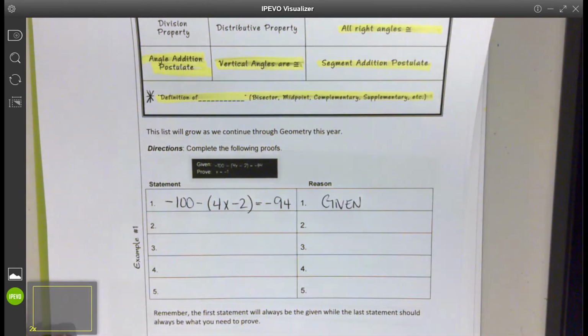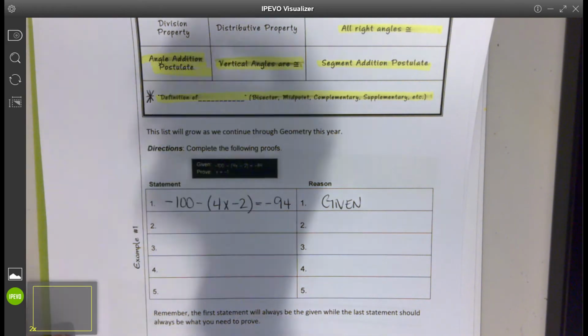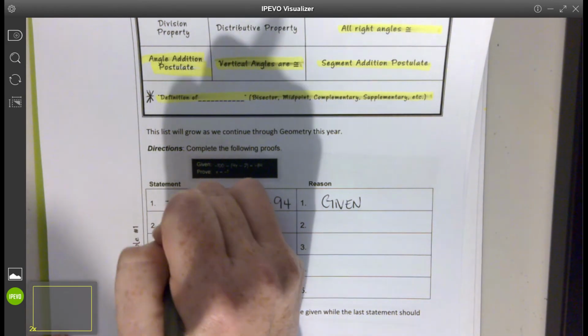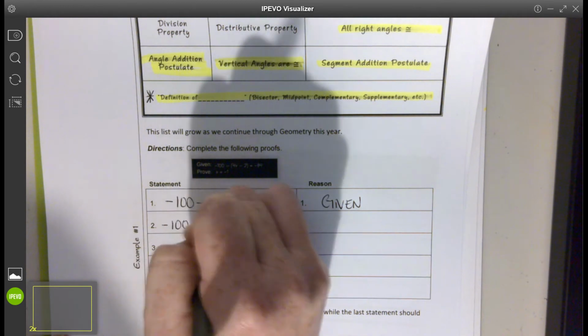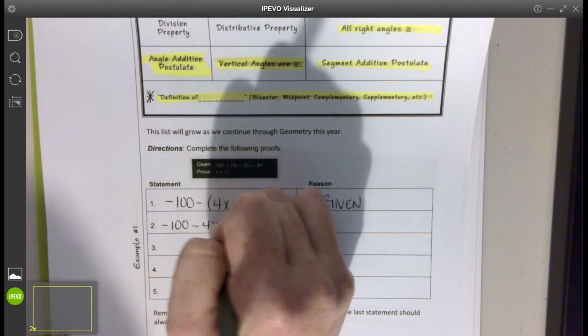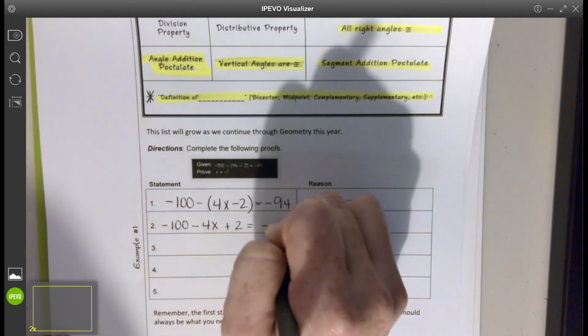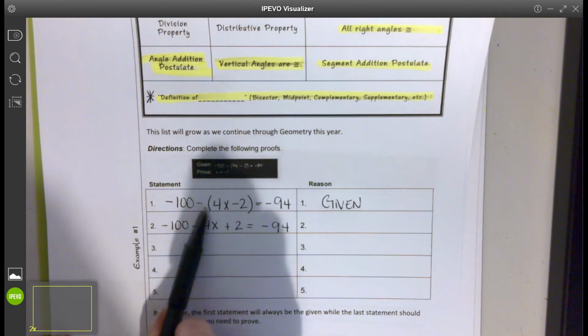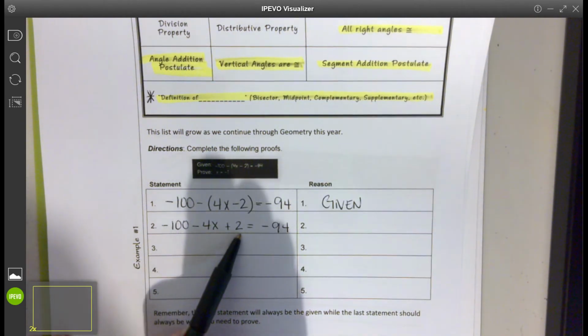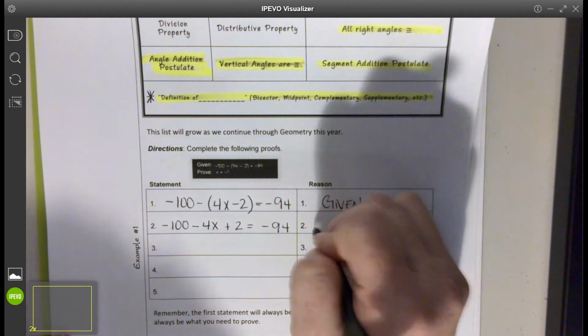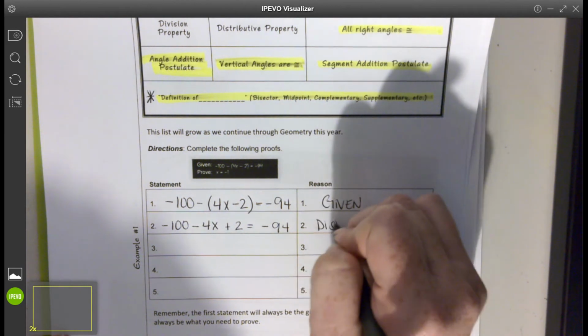Then the next step is what we're going to do next. So what I'm going to do is I'm going to distribute that negative. So I distributed that negative to get that negative 4x, positive 2. And then we write distributive property.